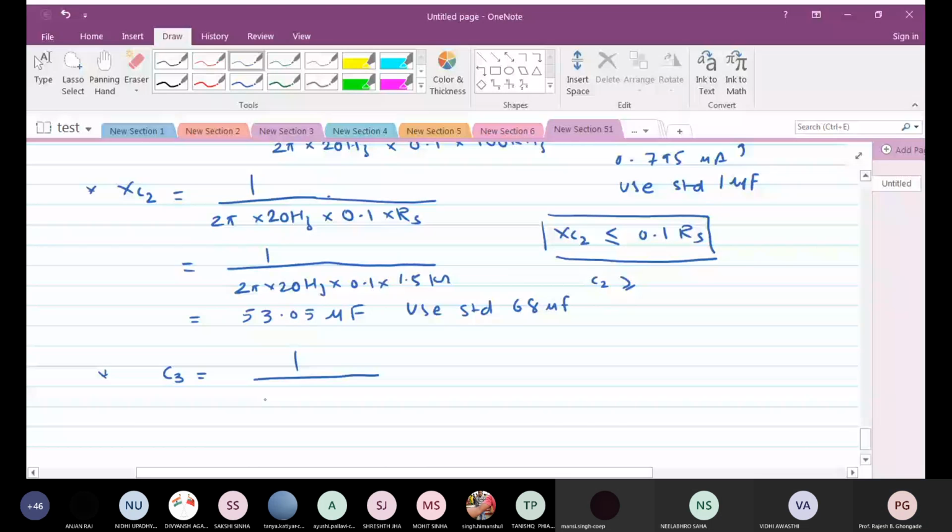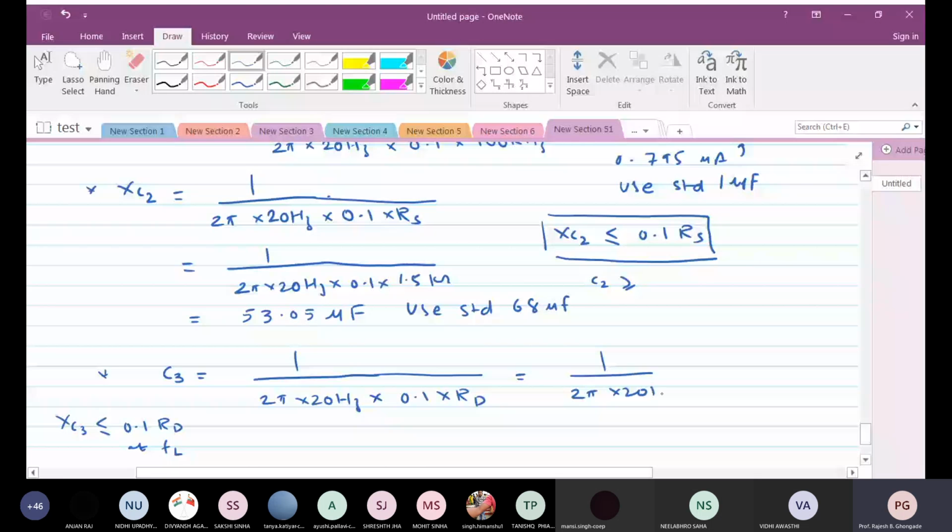We have done this for the common emitter amplifier as well. XC3 is 1 divided by 2 pi into 20 hertz into 0.1 times RD, making XC3 less than or equal to 0.1 times RD at FL. We had taken 6.8K. How much does that turn out to be?